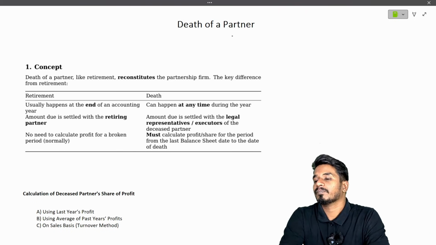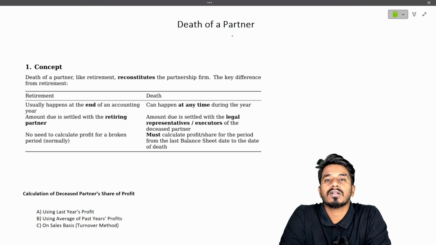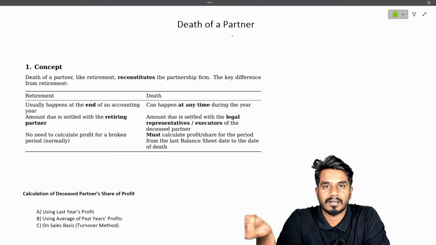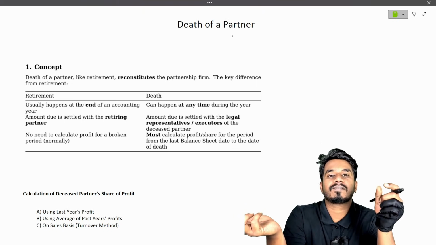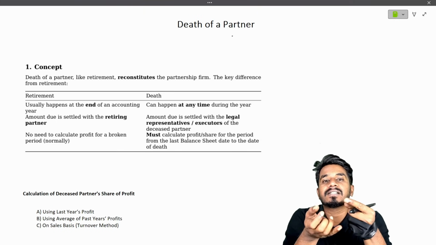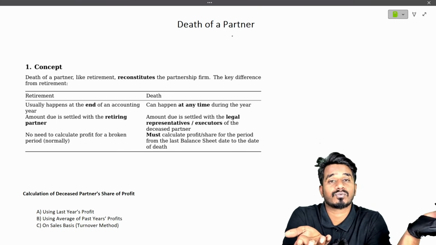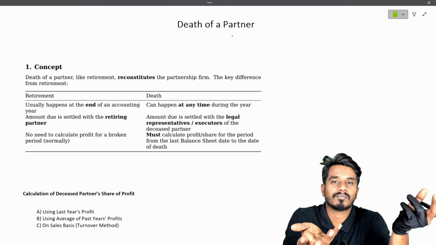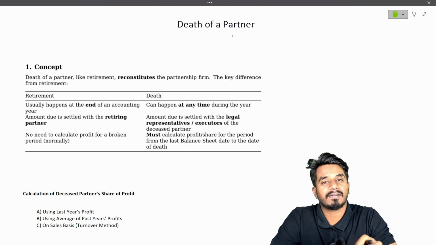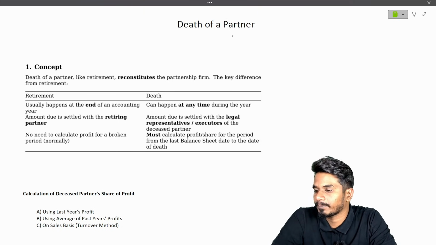Also, the settlement amount is given directly to the retiring partner in case of retirement. But in case of death, they settle to the executor's account, who may be his wife or her husband, someone representing him.